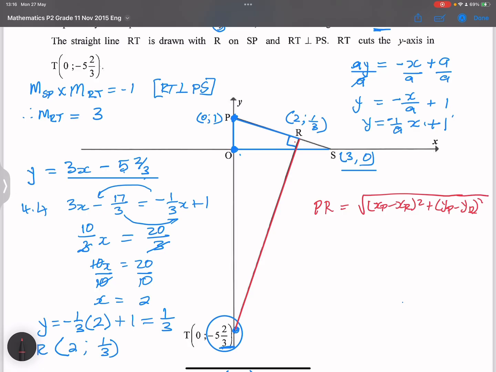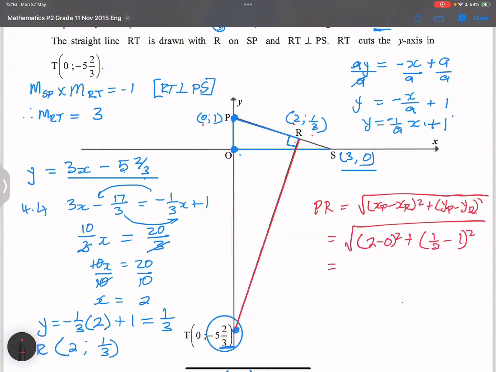This would give me the square root of 2 minus 0 squared, plus our y values, 1 over 3 minus 1, so that's 1 over 3 minus 1 squared.